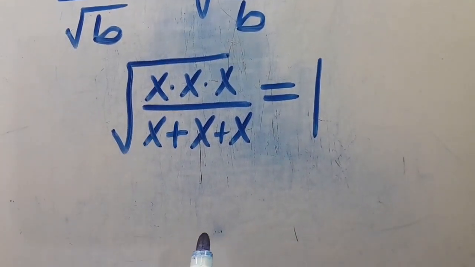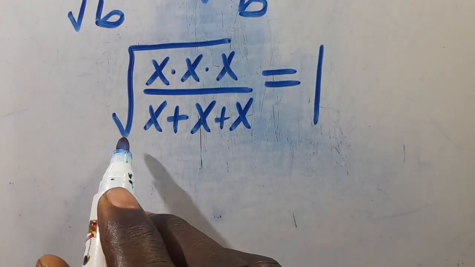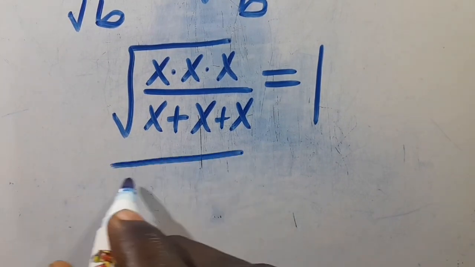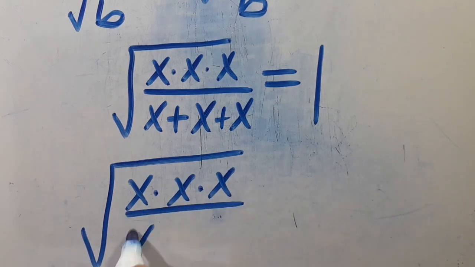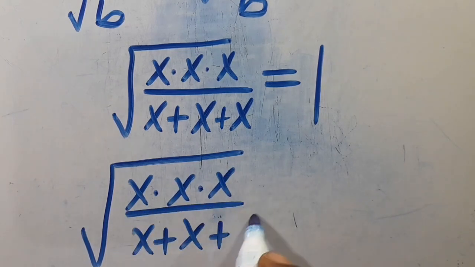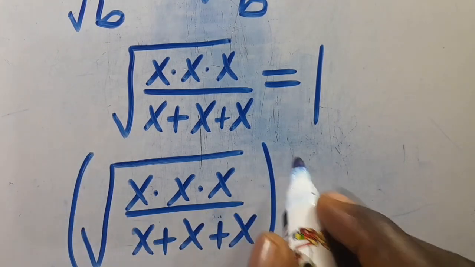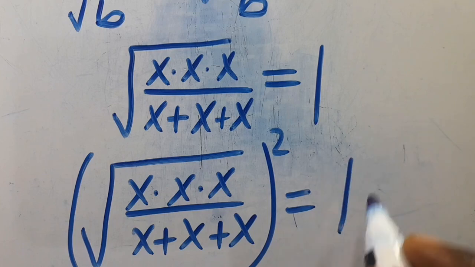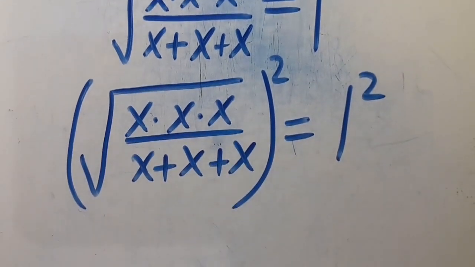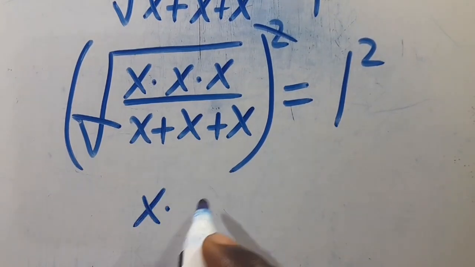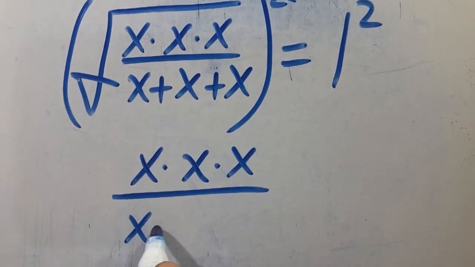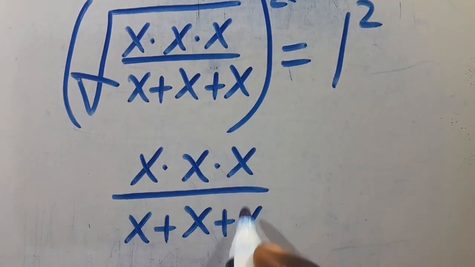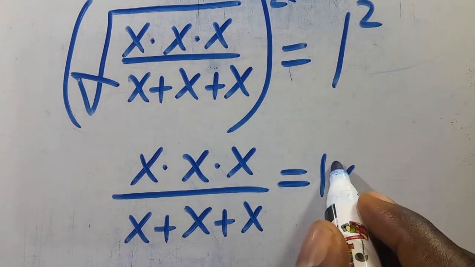To eliminate this square root, we take the power of both sides to be 2, so x times x divided by x plus x equals 1 to the power of 2. Obviously, the square and the root will cancel, so we are going to have x multiplied by x divided by x plus x equals 1 times 1.